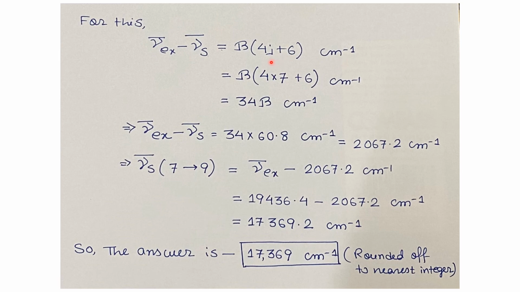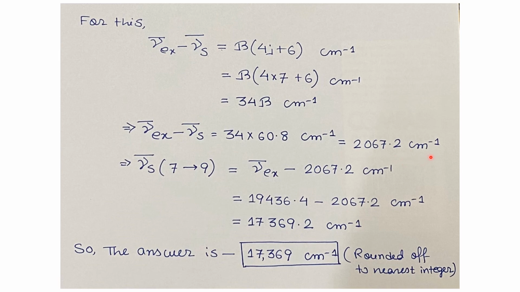We'll get nu Ex bar minus nu S bar equals B times 4 into 7 plus 6 centimeter inverse. So that will give 34 times B centimeter inverse. Now B for this hydrogen gas system we have calculated already, that is 60.8 centimeter inverse. So we get nu Ex bar minus nu S bar equals 34 times 60.8 centimeter inverse, which will give 2067.2 centimeter inverse.